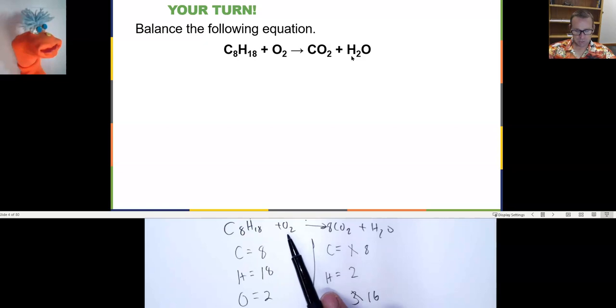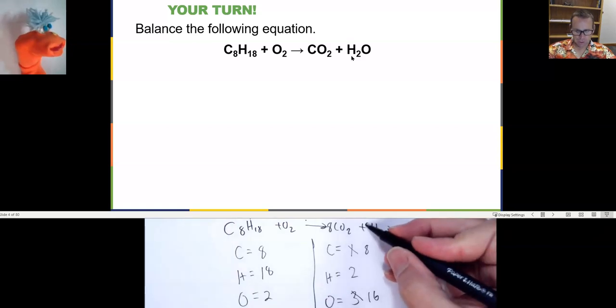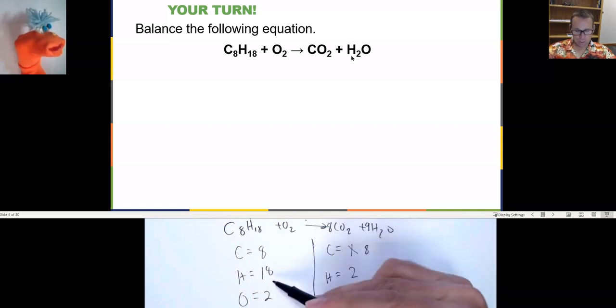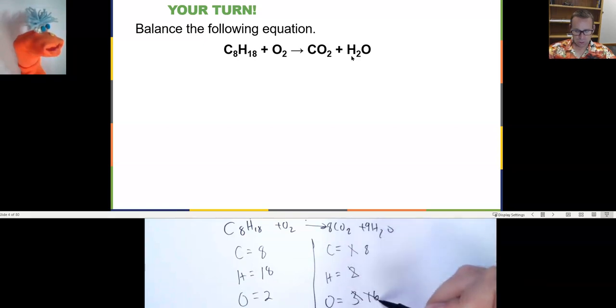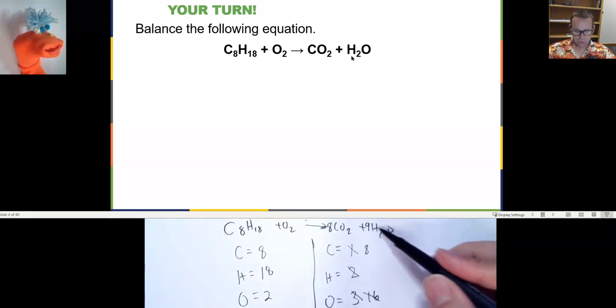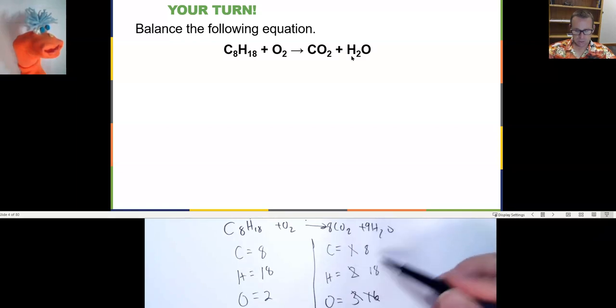Hydrogens aren't balanced, though. I'm going to save oxygen to last again because it's by itself. What can I do to balance the hydrogen? Put a 9 in front of the water. You knew 9 because we have 18 here, right? So 9 is going to change the hydrogen and the oxygen. 9 times 2, that's 18 hydrogen.